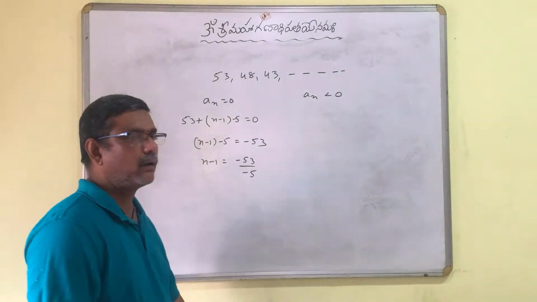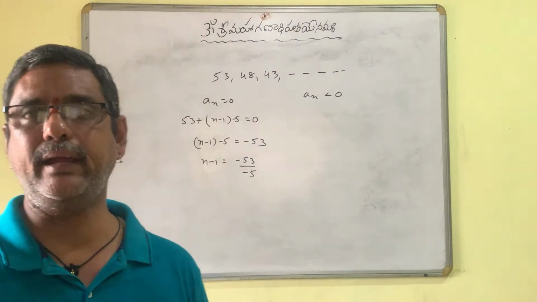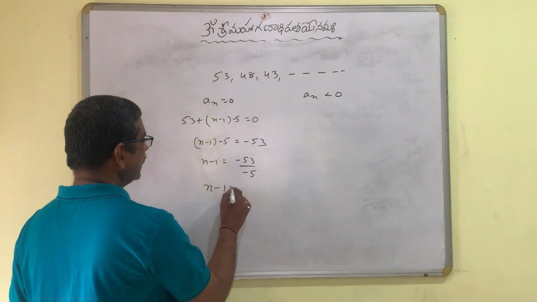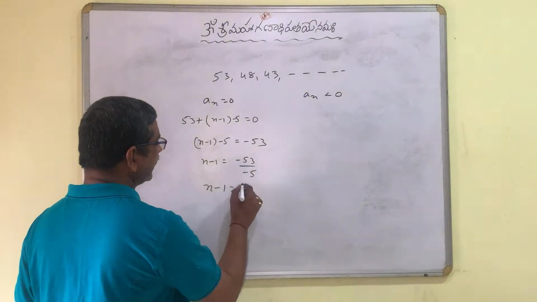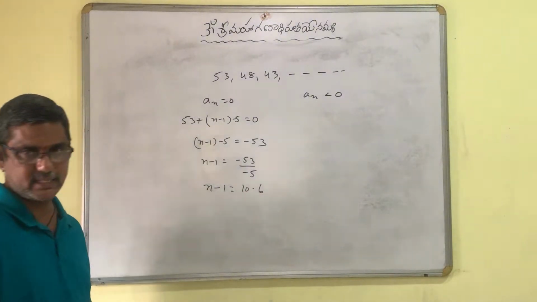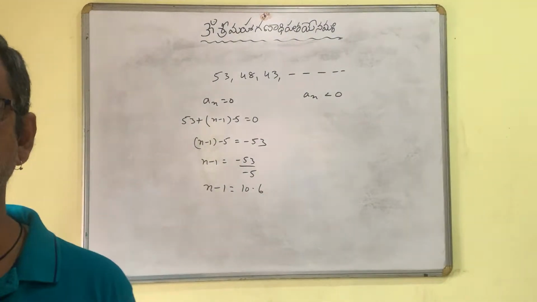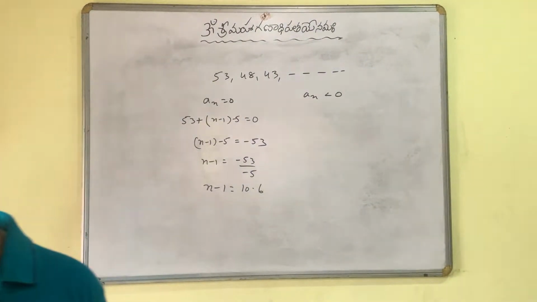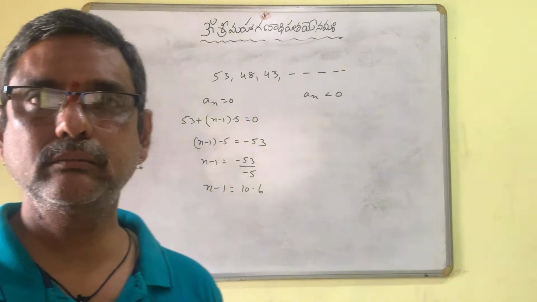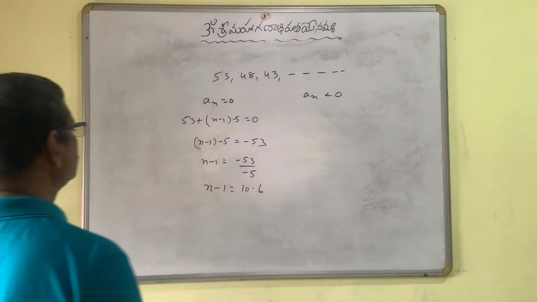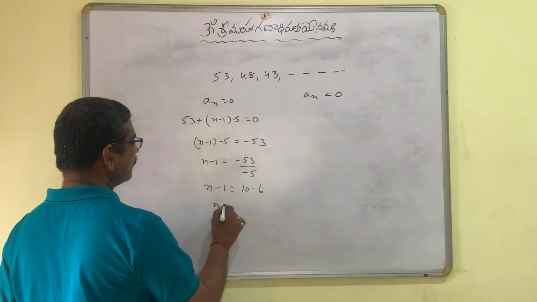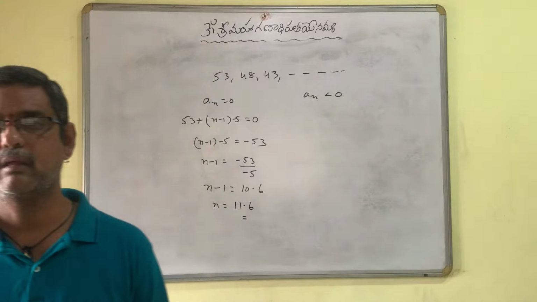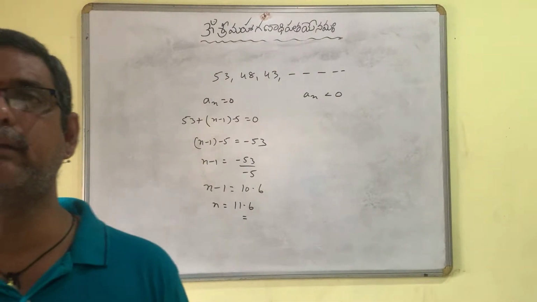Now, think about negative 53 by negative 5. How much is it? n minus 1 is equal to 10.6. Then n is equal to 11.6.